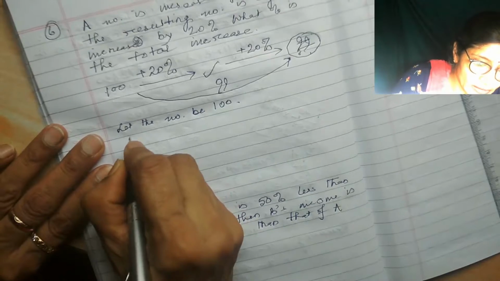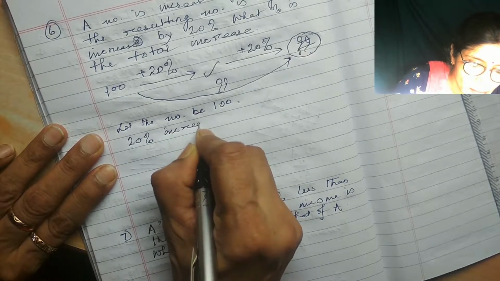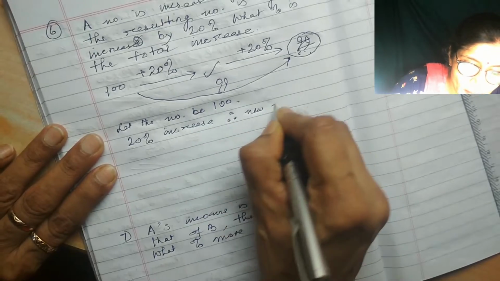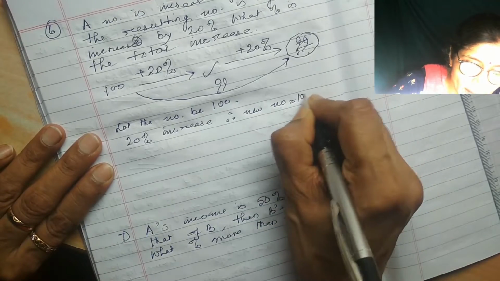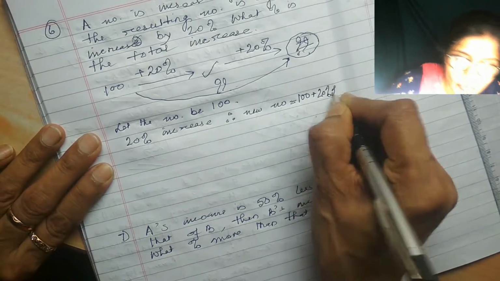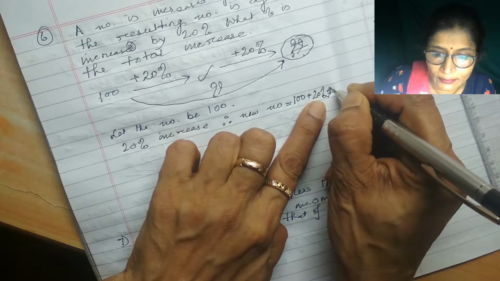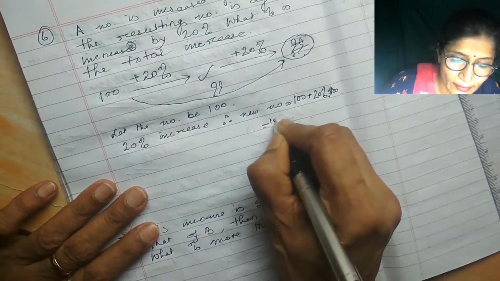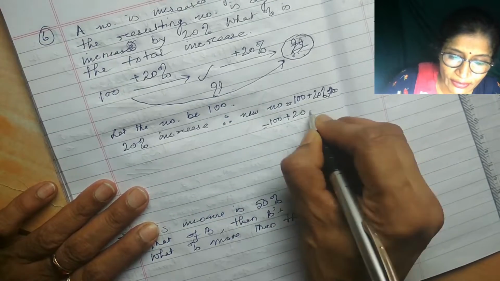So 20% increase, therefore new number will be equal to 100 plus 20% of 100. That is 100 plus 20, so that is 120.